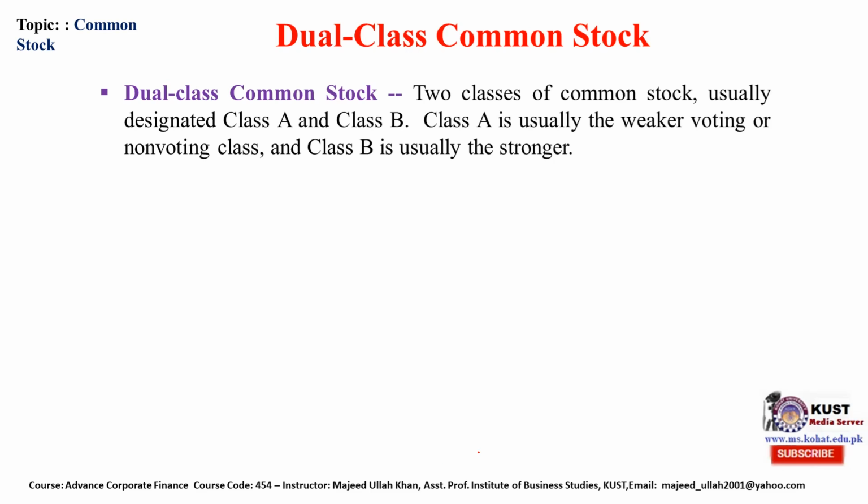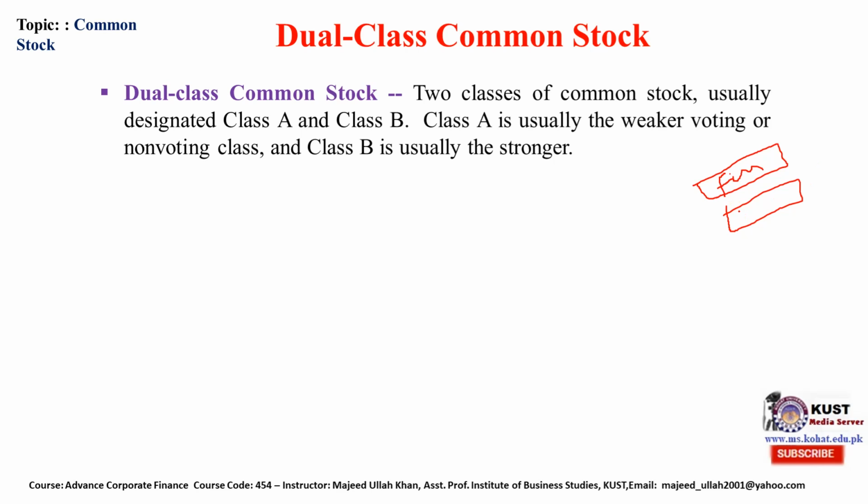Dual class of common stock. This is basically when a family needs finances but also needs control of the business, so they do this type of arrangement, that there are different classes of common stock.